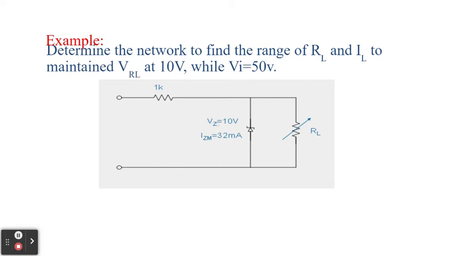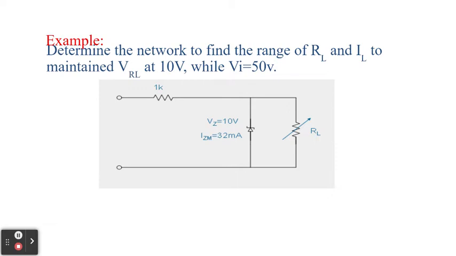Now, the given Zener voltage is equal to 10 volts. And of course, we are expecting that an almost constant 10 volts will be going on the output, which will be parallel to the RL. And the IZ maximum here, or IZM, big letter M here, is equal to 32 milliamperes.